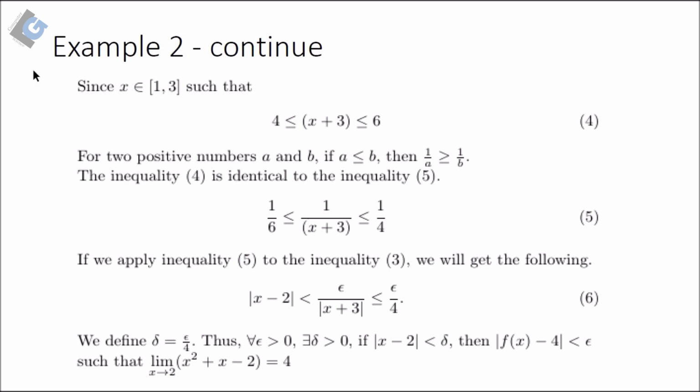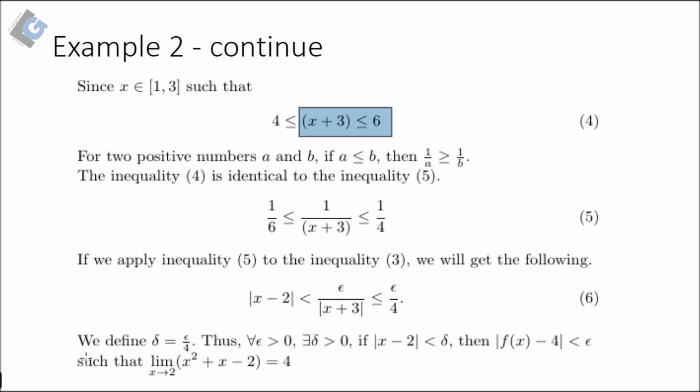Be careful here: there's the absolute value of x plus 3, but in inequality 5 there's no absolute value. But it is the same thing, because x plus 3 is always positive from inequality 4, right? Bigger than 4.